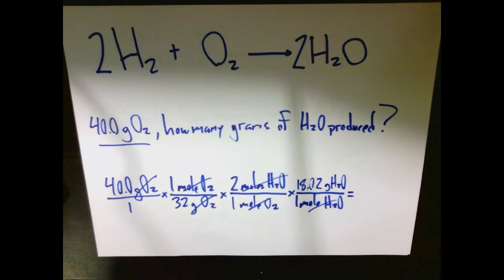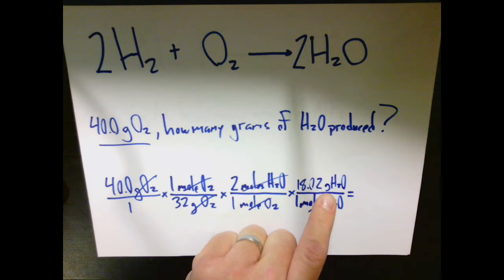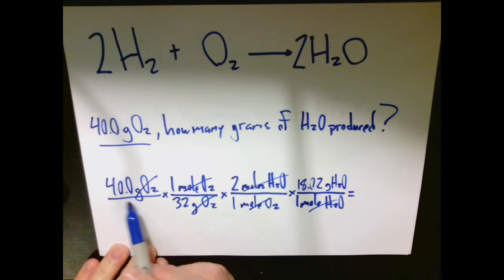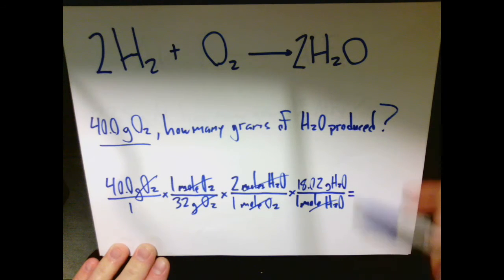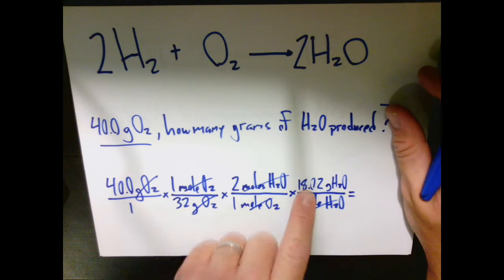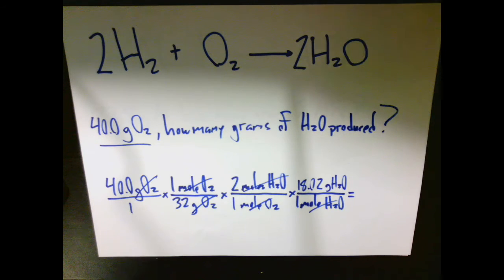So at this point, the desired units are in the numerator by themselves. All you have to do is the math. Multiply across the top, multiply across the bottom, divide top by bottom. So basically it's going to be 40 times 2 times 18.02, that product divided by 32.